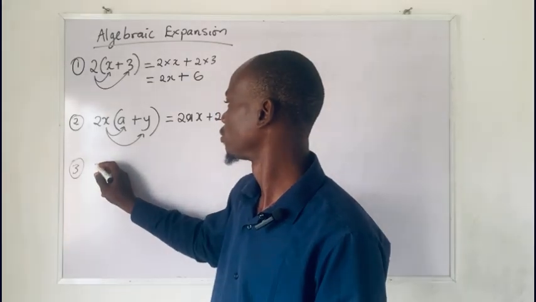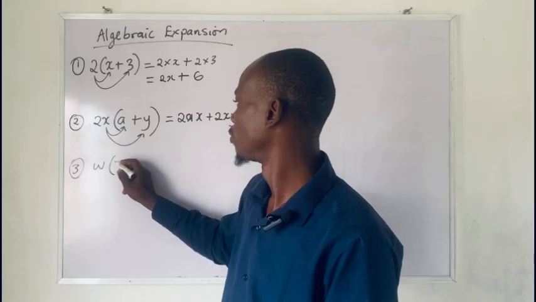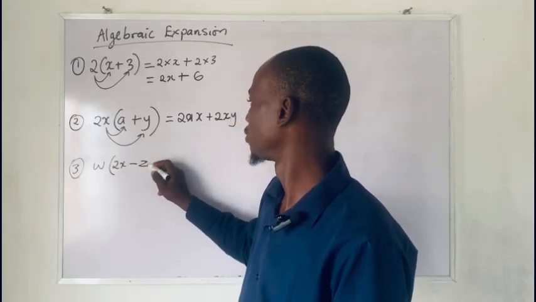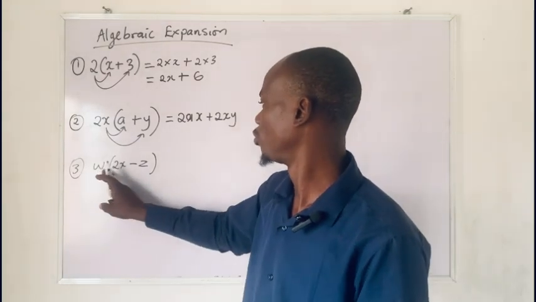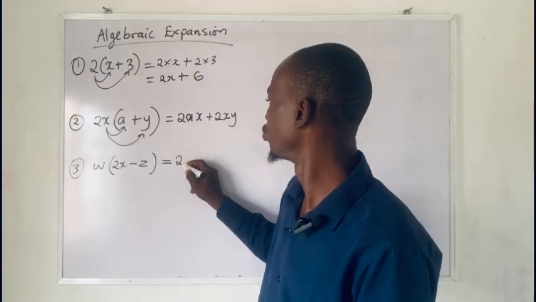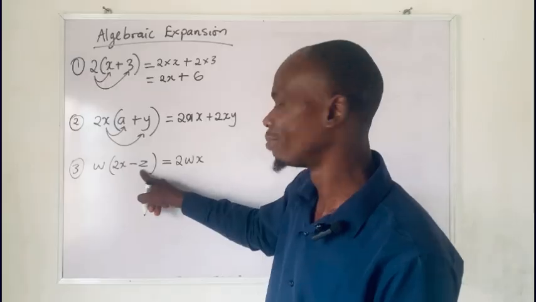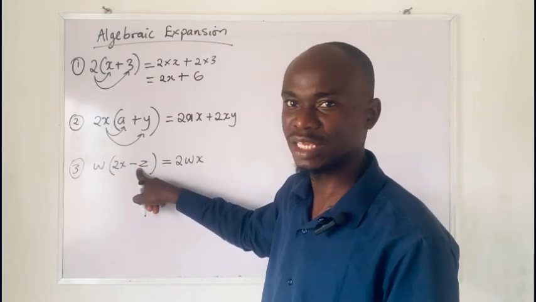We're having w into 2x minus z. So what would this be? w times 2x will give us 2wx. w times minus z, positive times negative, will be negative.